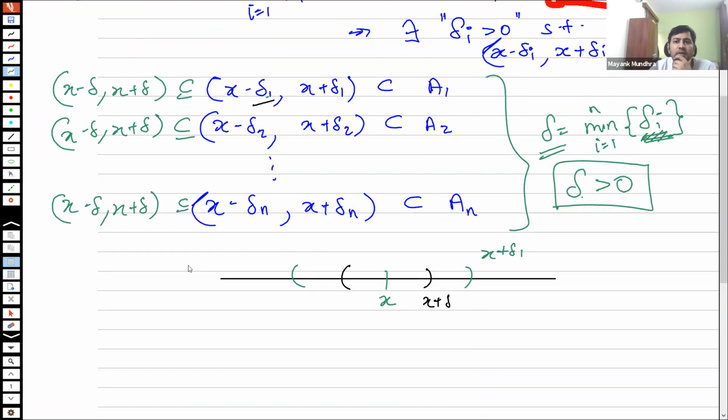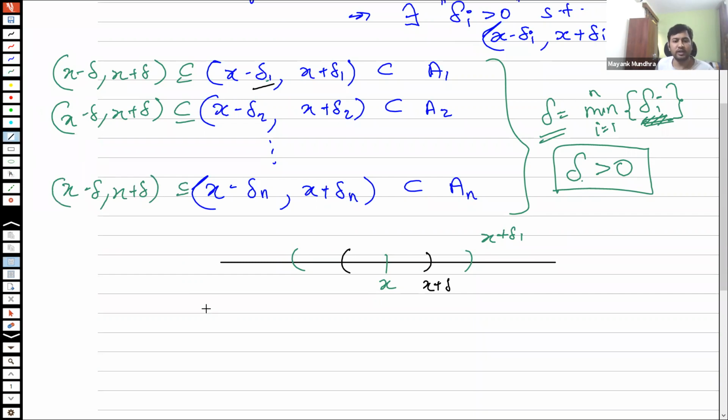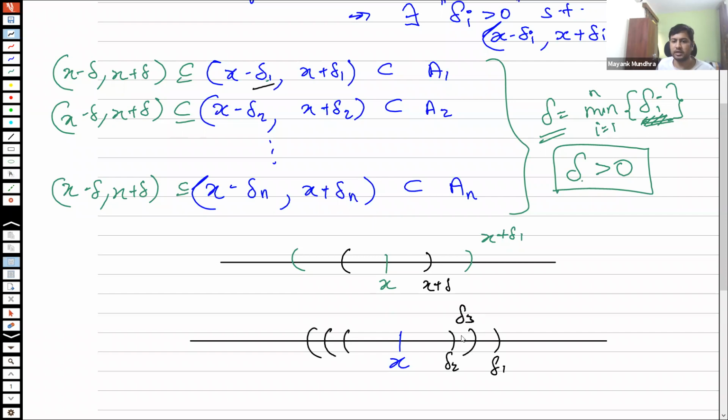Okay. So graphically, what I've shown is that there is some number X, and around this number X there are different delta values. This is delta 1, this is delta 2, this is, let's say, delta 3, and so on. So I take the minimum of these delta values and focus on the smallest of them. The smallest delta will be contained in each of these sets.